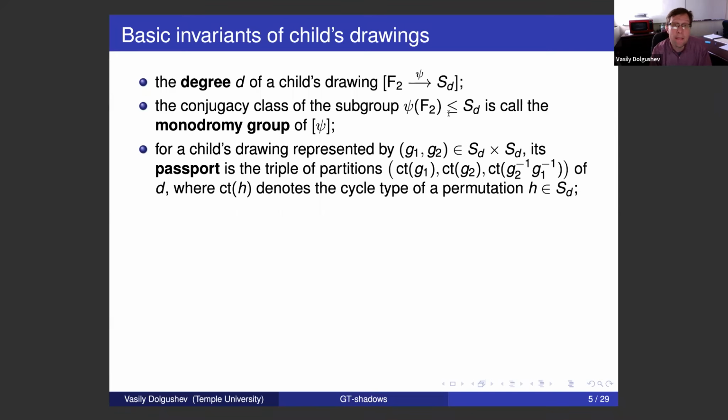Then here is another important invariant called the passport. So if you represent your child's drawing by a pair of permutations, G1, G2, then you need to form a triple of permutations. So you take G1, G2, and then this permutation, and then you compute a cycle type or cycle structure of each permutation, which is, of course, a partition of D. So a passport is simply a triple of partitions.